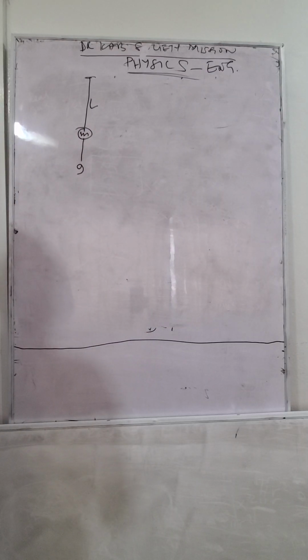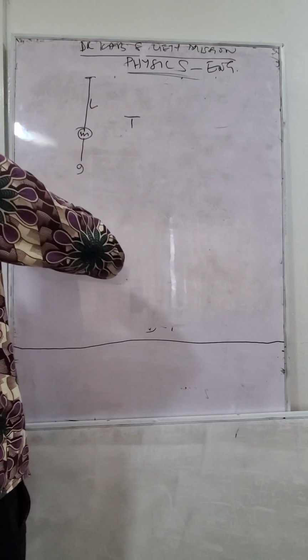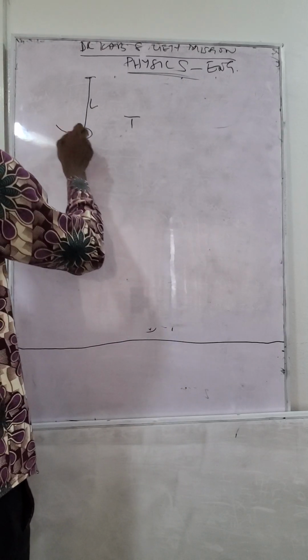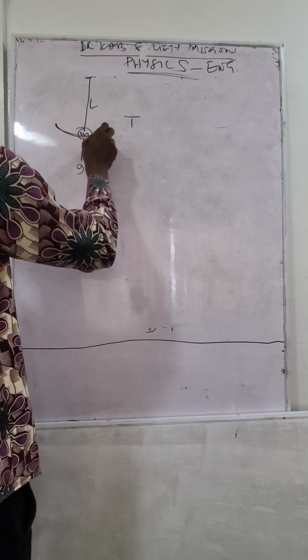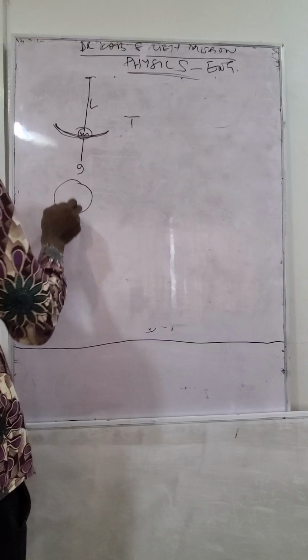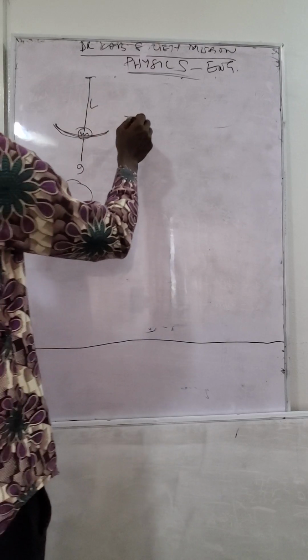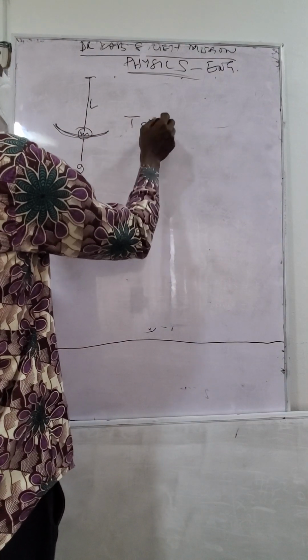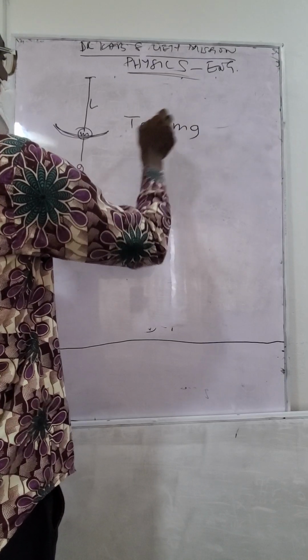We can say that the period t, the time taken to move from here and come back, to make a complete revolution, is t. That t will be proportional to the length, proportional to the mass, and proportional to gravity.